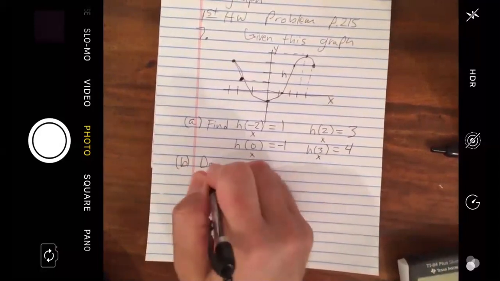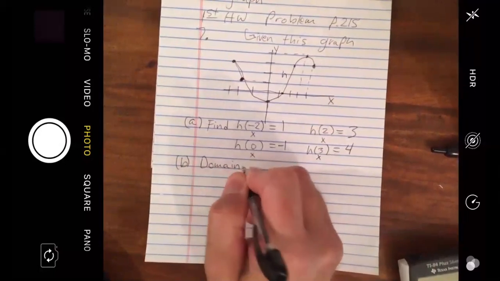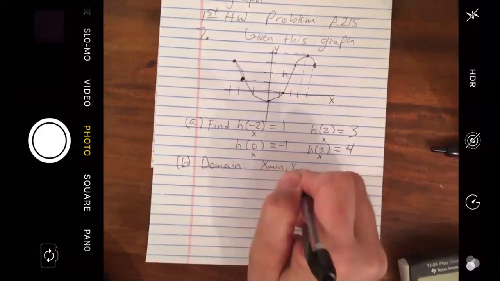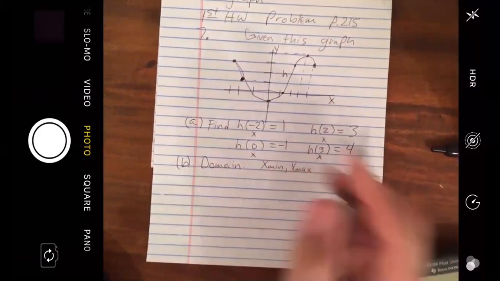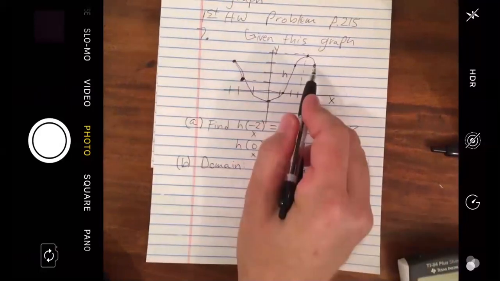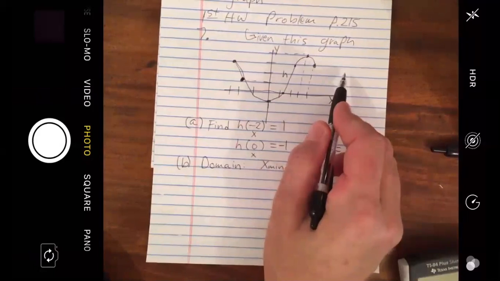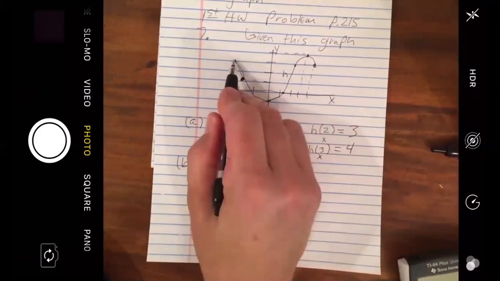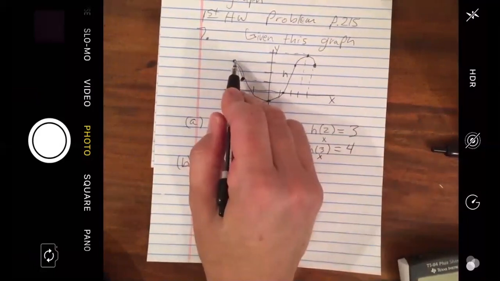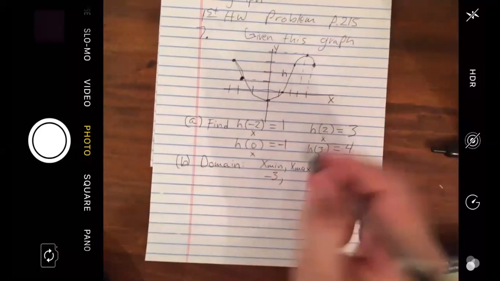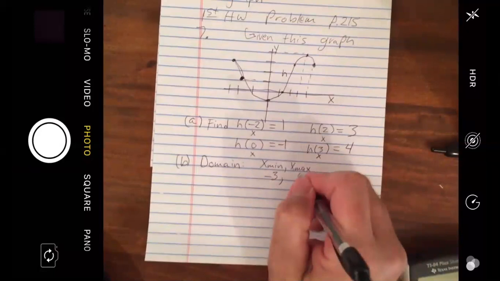Domain. Hope we got it across last section. That means X min, X max. And because they close these circles on the end, this is not going from -infinity to infinity. So that closed circle on the left, your minimum X is at -3. Your maximum X is at 4.